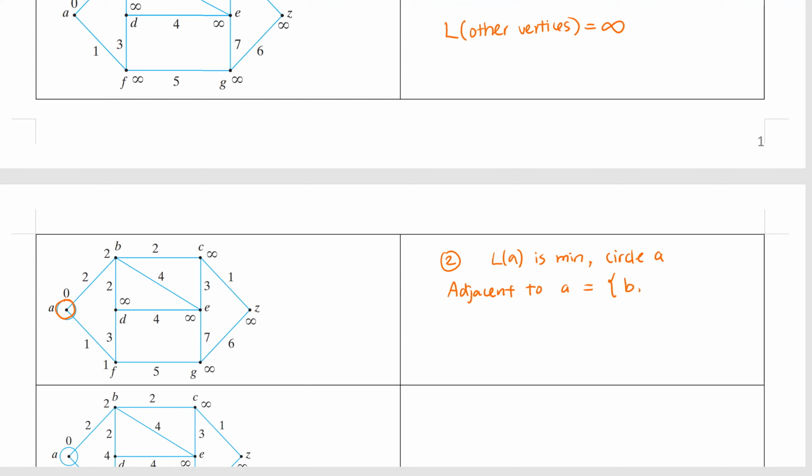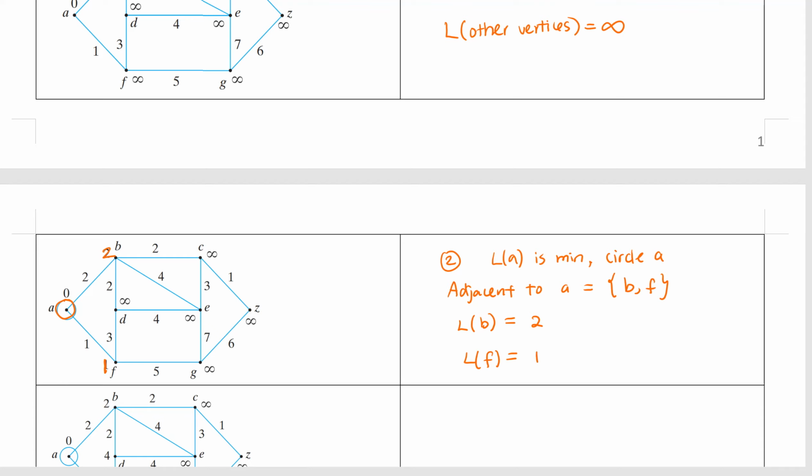So we have 2 vertices adjacent to A, B and F. Then now let's figure out the length of B and the length of F. The length of B is 2, and the length of F is 1.